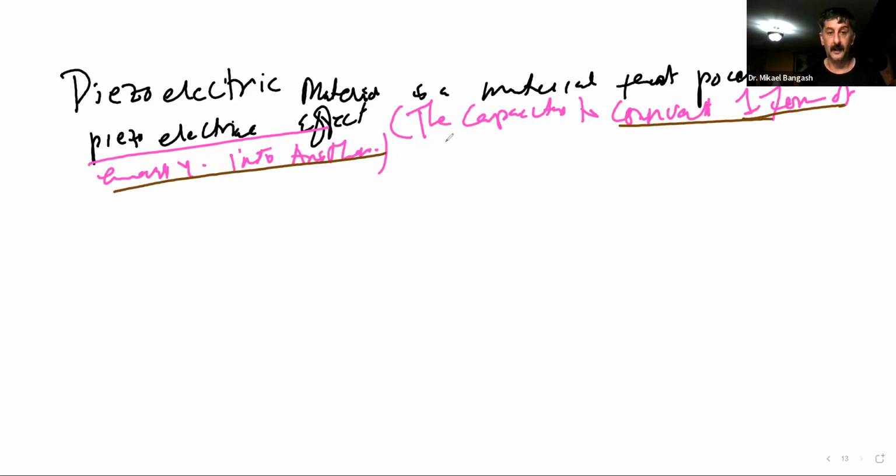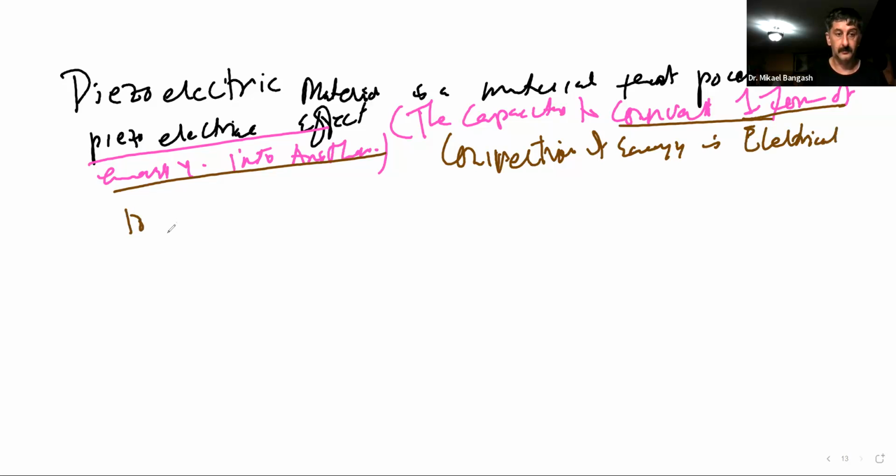We can say that the conversion of energy is electrical to sound energy, which happens during transmission.